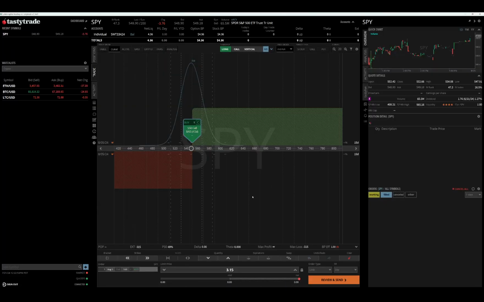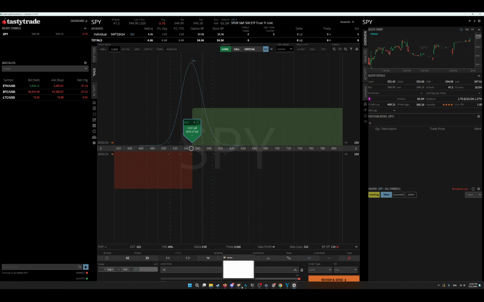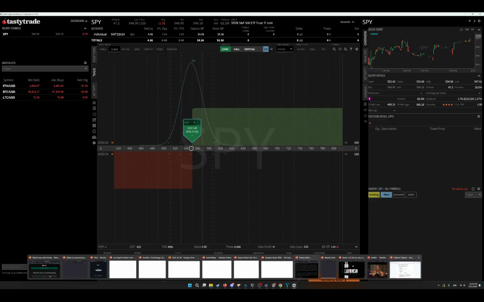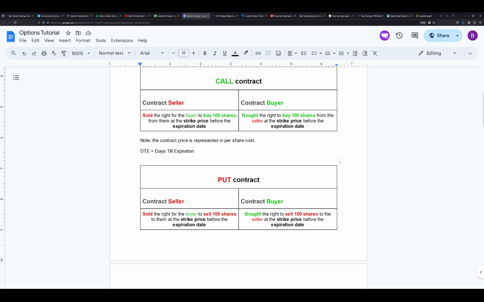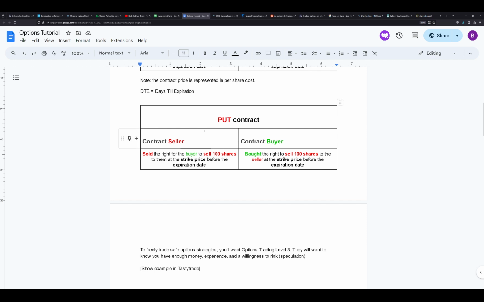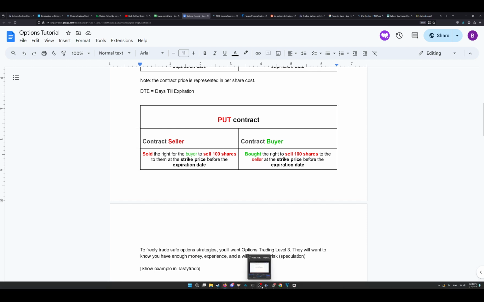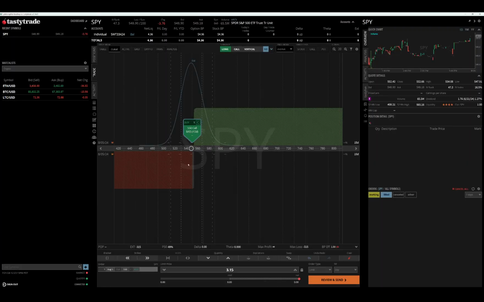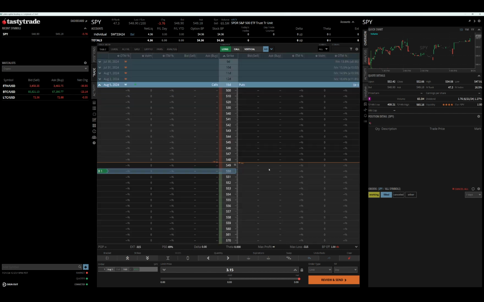Just covering the disclaimer. Okay, so let me see here. Where else was I wanting to go? Okay, so the put contract. Instead of a buy contract, let's delete that leg.